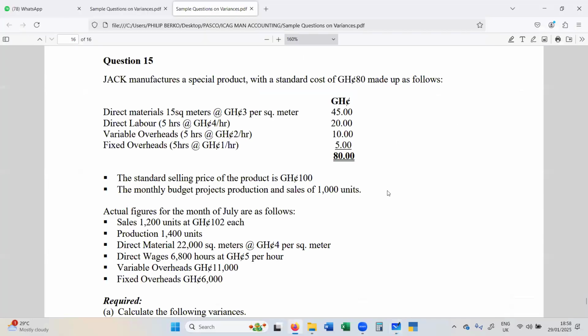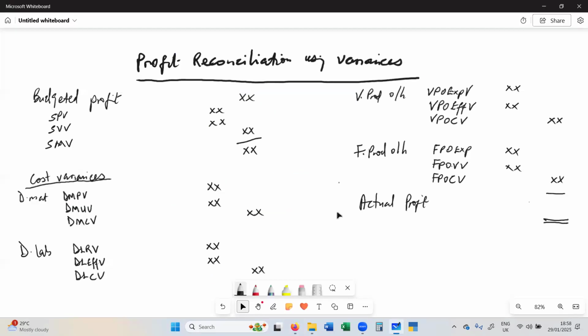In fact, if we want a budgeted profit, we use the standard profit per unit. The standard selling price per unit is 100, the standard cost per unit is 80. So let me calculate it down here.